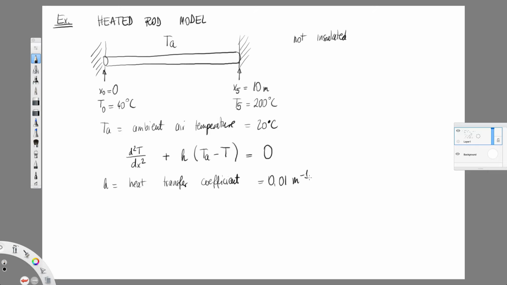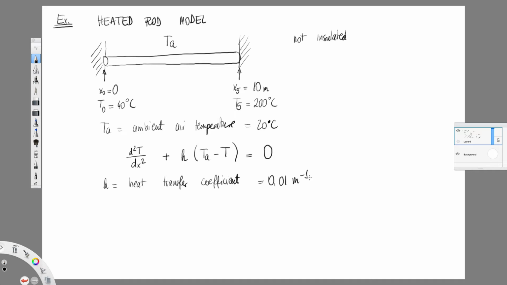So at this end where I have 200 degrees, I'm going to have more flux out, or basically more heat transported out of the rod than I will have on this end that is at 40 degrees Celsius, right? So that makes it a little uneven.